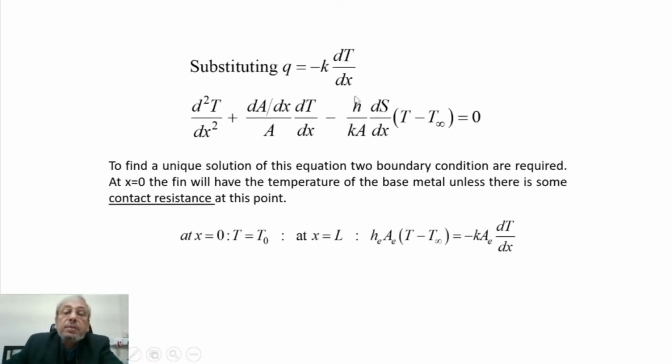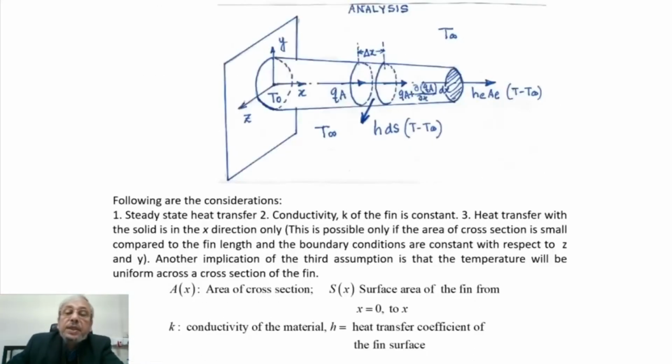If we substitute q equal to minus k dT/dx, the heat flux, as such, if we look into this entire calculation, we have always done heat flux into area. q is the heat flux. Although earlier we have defined q double prime, here we have written q; it can be redefined.